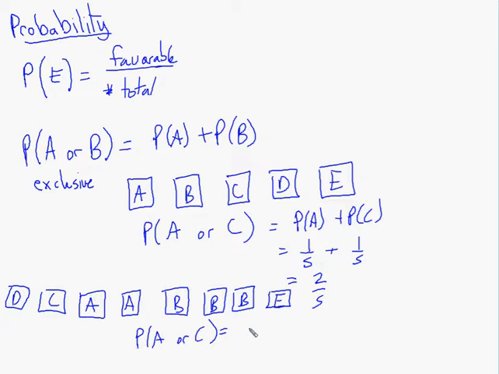Well, now I have 2 A's, so 2 out of 1, 2, 3, 4, 5, 6, 7, 8. 2/8 plus, I have 1 C, so 1/8, equals 3/8. So I go ahead and add those probabilities up. Or if I can count them, I can just go ahead and count them, and that's pretty easy. That's if they're exclusive. Mutually exclusive, meaning no overlap.